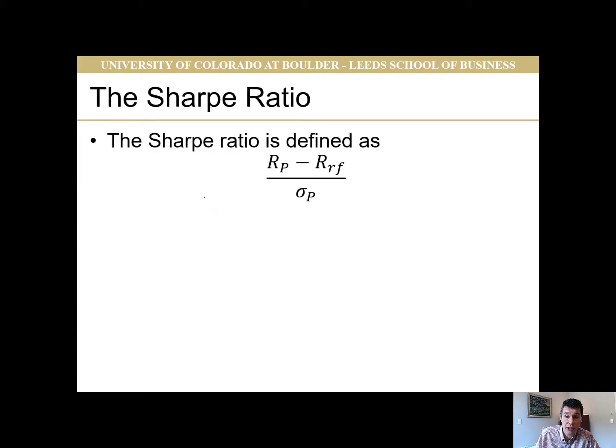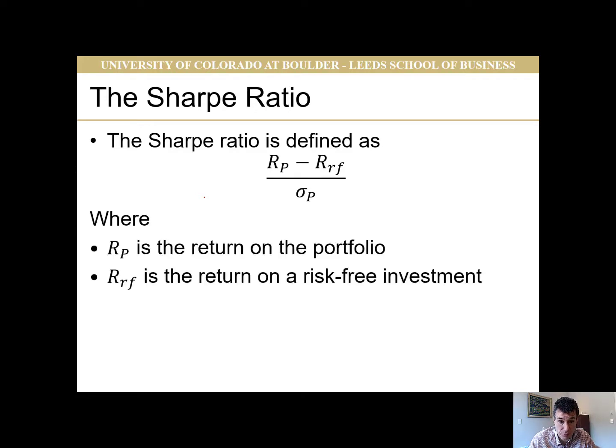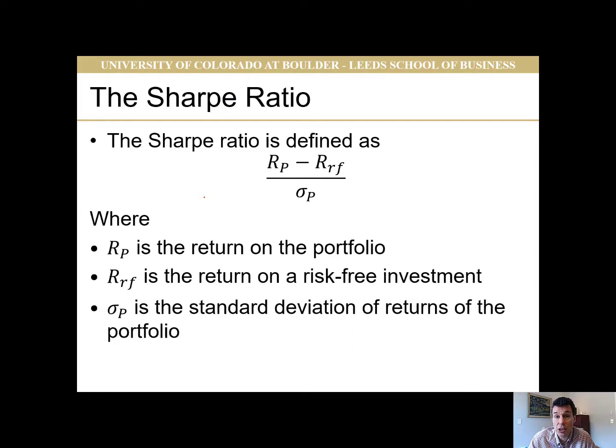The Sharpe ratio is defined as the return or expected return on a portfolio minus the return on a risk-free investment, divided by the standard deviation of that portfolio return. Now, this can be used as a backward-looking measure where the return on the portfolio and the return on the risk-free investment are both historical measures, or it could be looked at on a forward basis, right?